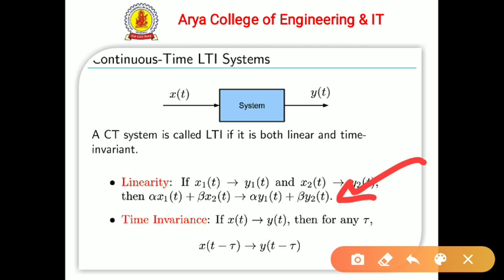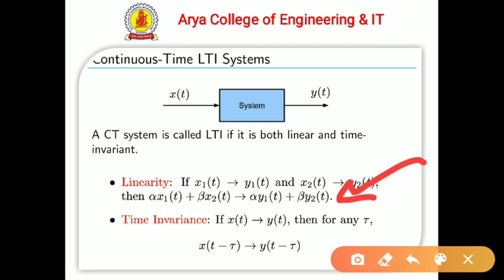Now next is time invariance. Very simple: the system which is not varying with time is a time invariant system.